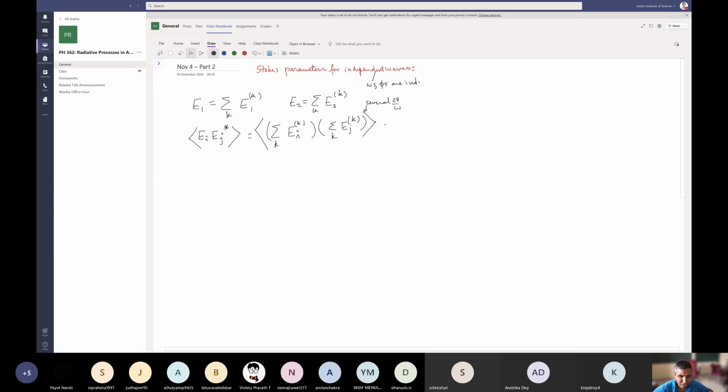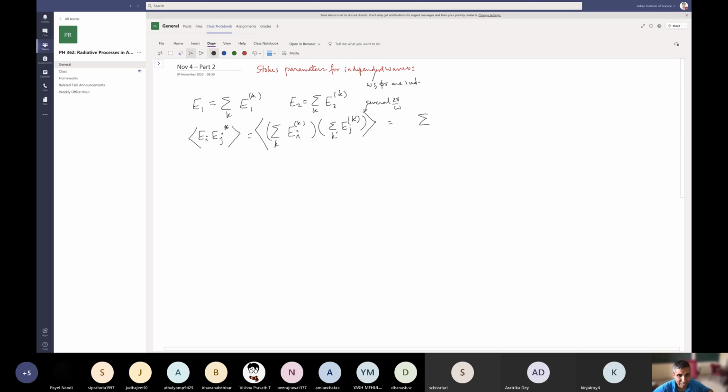Now, what does this give? This gives you a summation over k and, in fact, we should just use k prime. If they are independent, E_k and E_k prime have random phases relative to each other. So when you average over this fast variation, they average to 0.